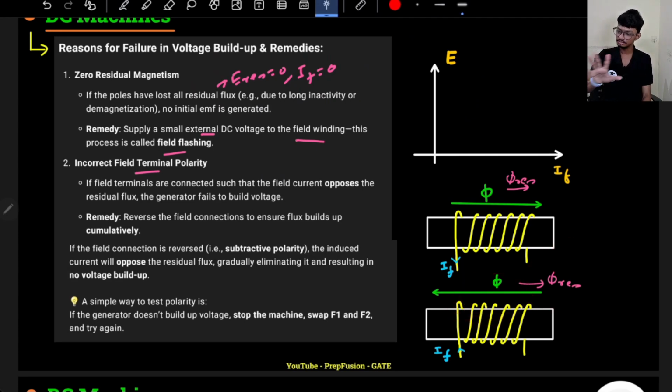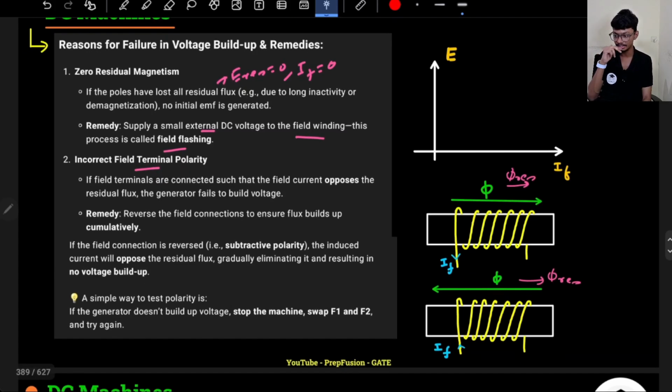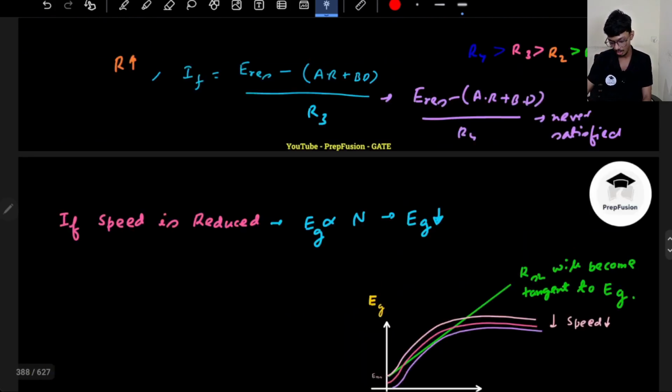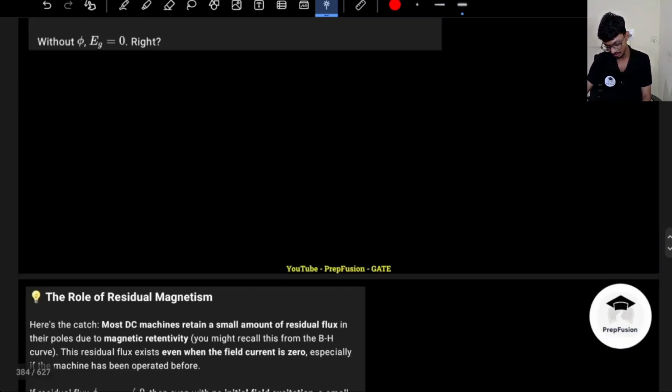So initially there was no current, due to that there was some residual flux, due to residual flux there was some generated voltage, due to that EG some field current flows. Now if some field current flows and if the terminals are connected in the opposite manner, right? How can it be connected in the opposite manner? I will show you.